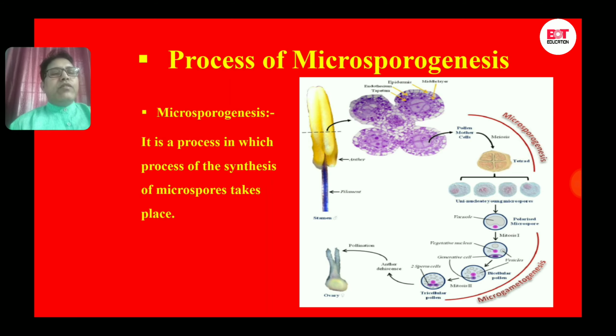Out of these, one cell will be functional, and this pollen grain divides into two nuclei, the generative nucleus and the vegetative nucleus. Later on, the generative nucleus divides, developing into two male gametes, and in this way the process of microsporogenesis takes place.